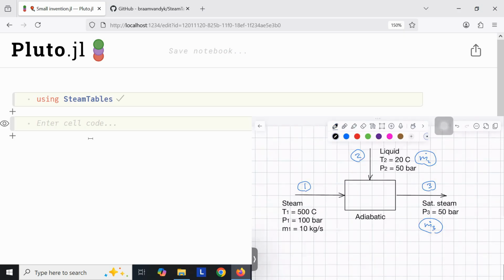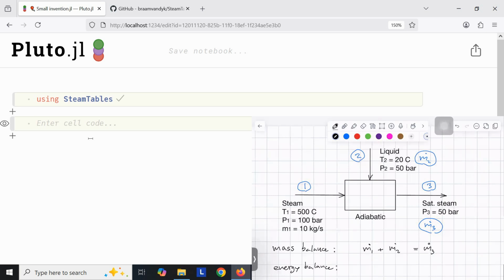To solve the problem, basically we need two equations because we have two unknowns. The first equation that we can use would be the mass balance, which is input M1 plus M2 equal to M3, which is output. The second equation that we can use should be the energy balance.